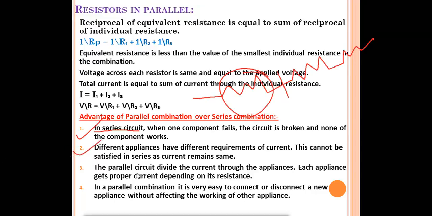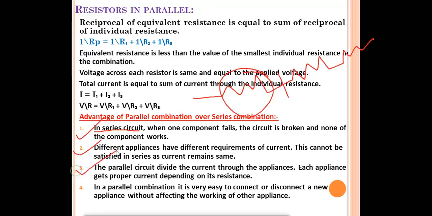Third point, the parallel circuit divides the current through the appliances. Each appliance gets proper current depending on its resistance. In parallel combination, we have read that the current will divide among all the appliances. So in parallel combination, we can get the required amount of current depending on the different appliances. So in a parallel circuit, what will happen? The current will be divided through all the appliances. Each appliance will get the required amount of current.